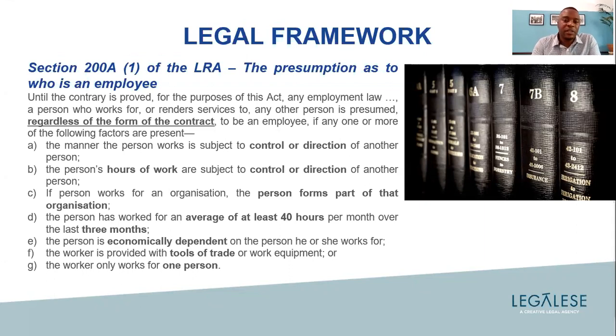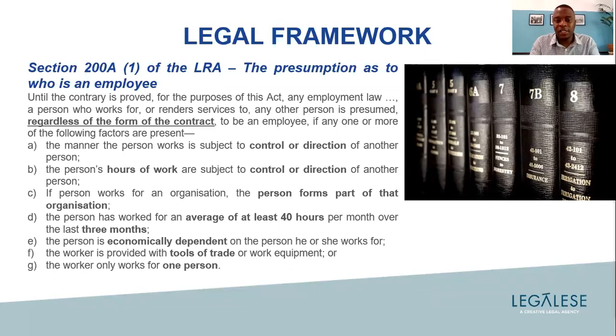Section 200A is basically an evidentiary tool that allows someone who's claiming to be an employee to put forward some of these factors and bring a prima facie case to say that I am actually an employee. Because the principle in law is that he who alleges must prove.